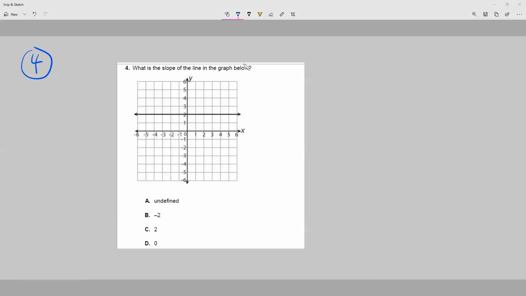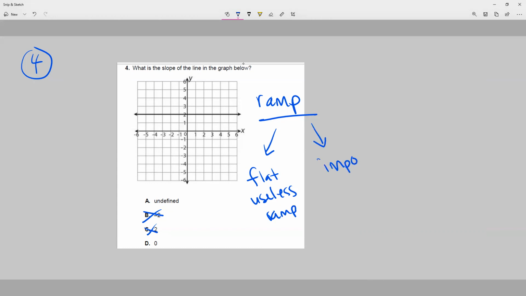Okay, slope of this line, I always tell students you're gonna mix it up. You're gonna probably know it's not this or this, but then you're gonna forget if it's undefined or 0. Remember, think of this as a ramp. Either this ramp is a flat, useless ramp, so it could be like a ramp, but it doesn't really help anybody in a wheelchair, or it can be an impossible ramp, meaning it's really just a wall.